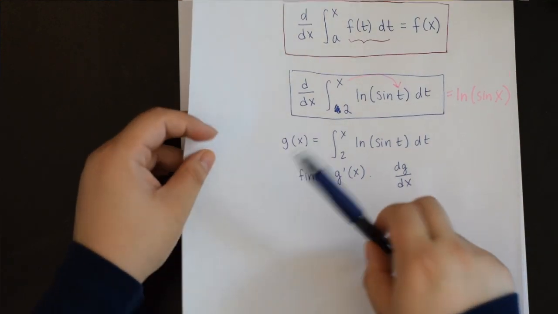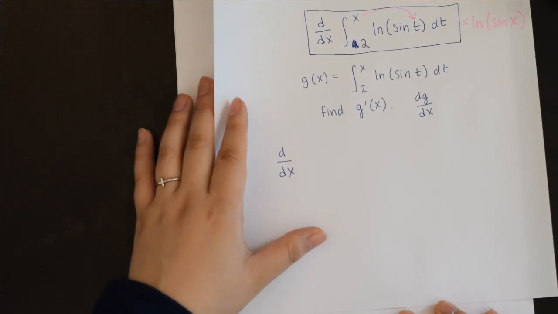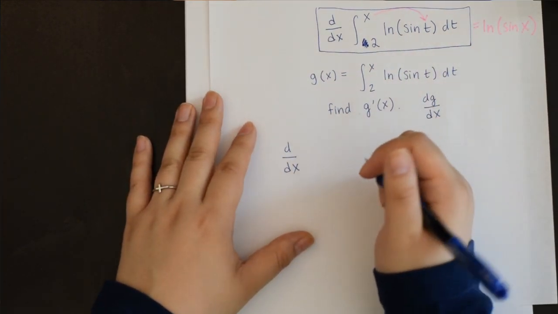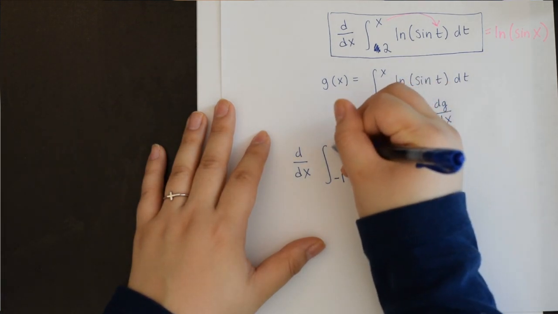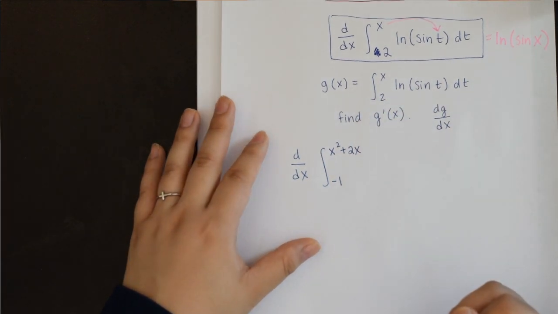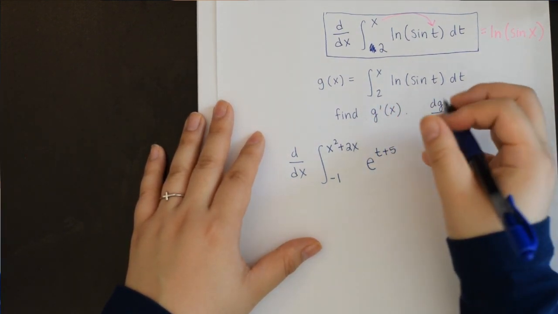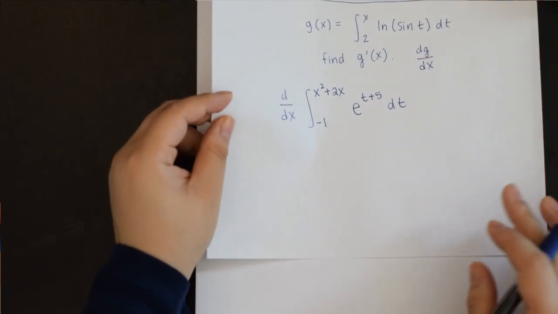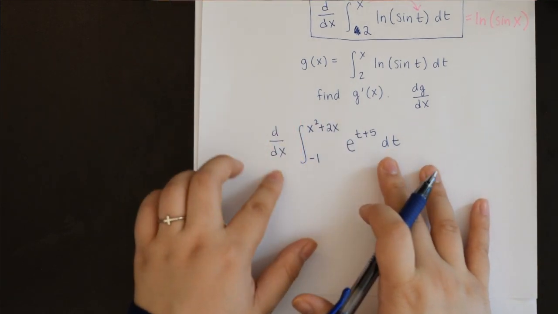And if we have d of, I keep saying d of dx because that's how I write it, but the derivative of this integral with respect to x of, let's say, -1 to x squared plus 2x of e to the t plus 5 dt.